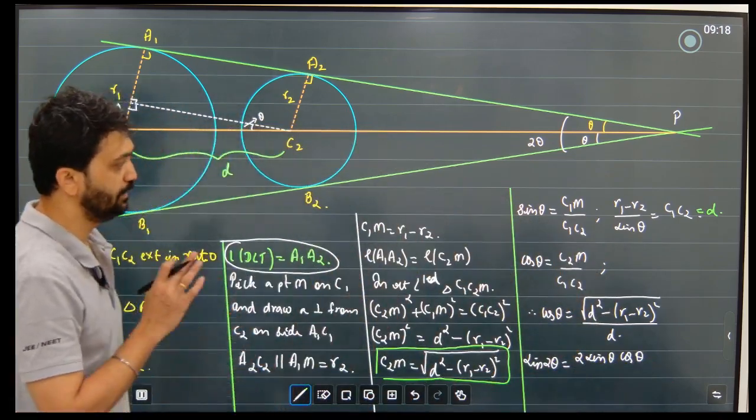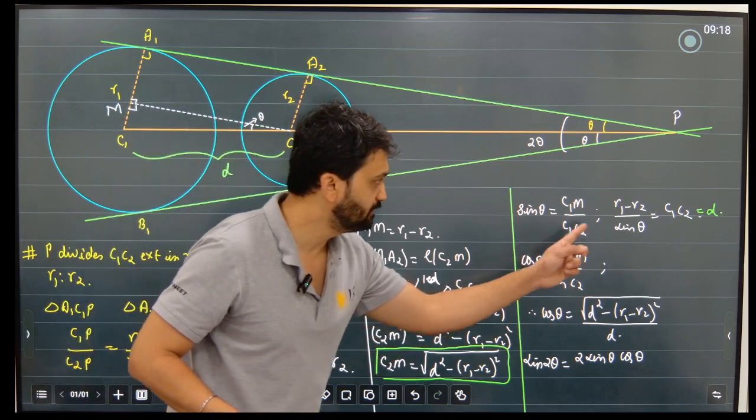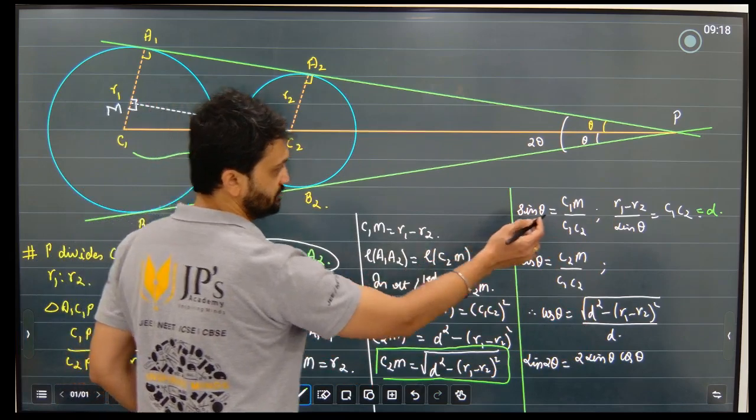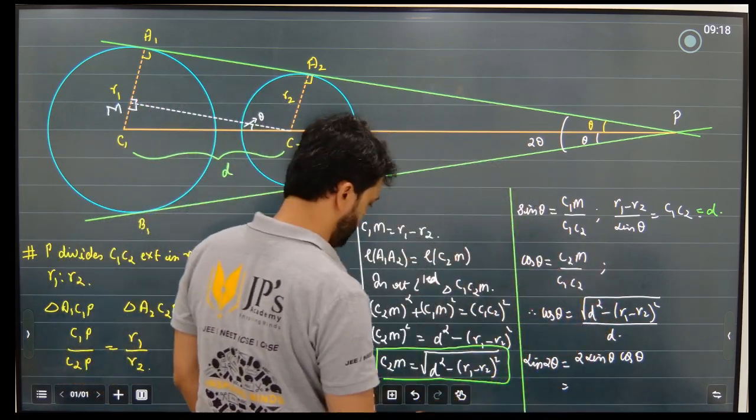All I have to do is I have to just substitute sin theta ka value and I have to substitute cos theta ka value. Sin theta ka value is this, which if I substitute it here, you can write it like this.